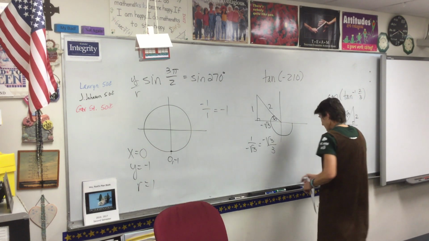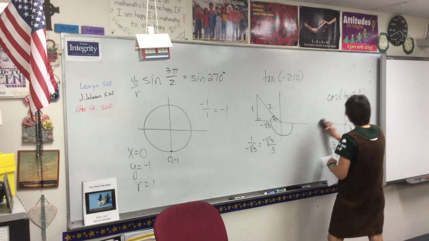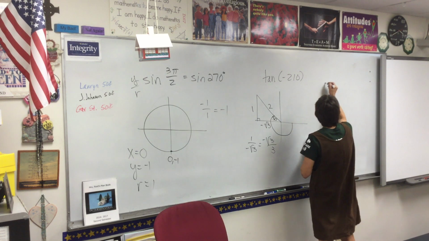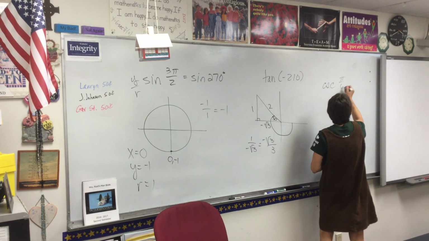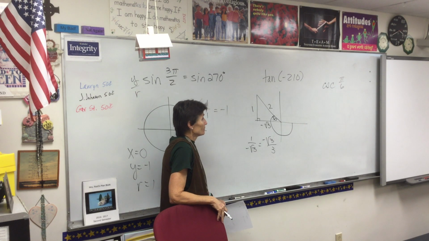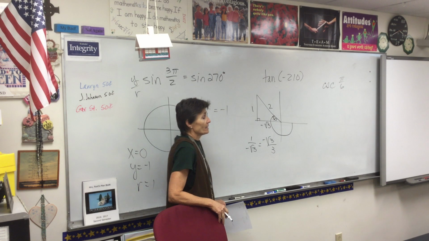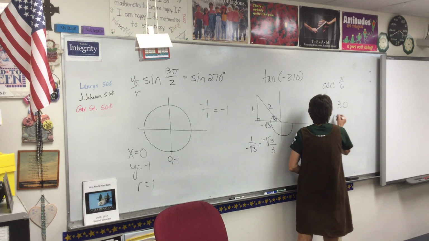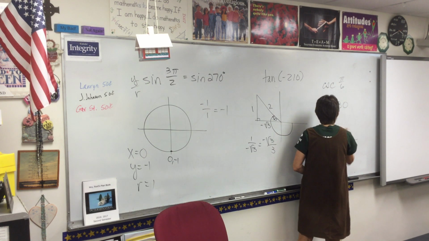Alright, so that's my answer to that one. Okay, so now we have the next one. Cosecant, pi over 6. 180 divided by 6, that'd be 30. So cosecant 30. I'm just going to draw my 30-degree angle. That one's easy.